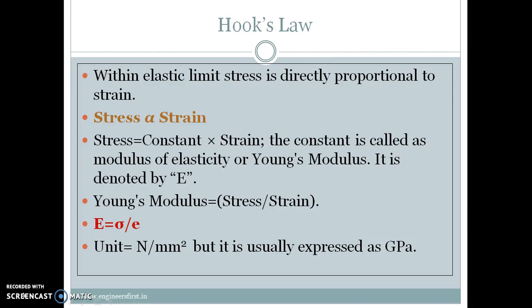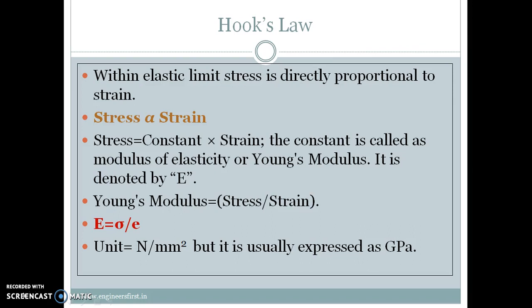So Young's modulus, capital E, is equal to sigma divided by small e, where small e is the strain. As strain has no unit, the unit of Young's modulus is exactly equal to the unit of stress, that is Newton per mm square or Pascal. But remember, stress is always expressed in megapascal, while elastic constants, whether it is E, G or K, are always expressed in gigapascal, that is 10 to the power 3 Newton per mm square.